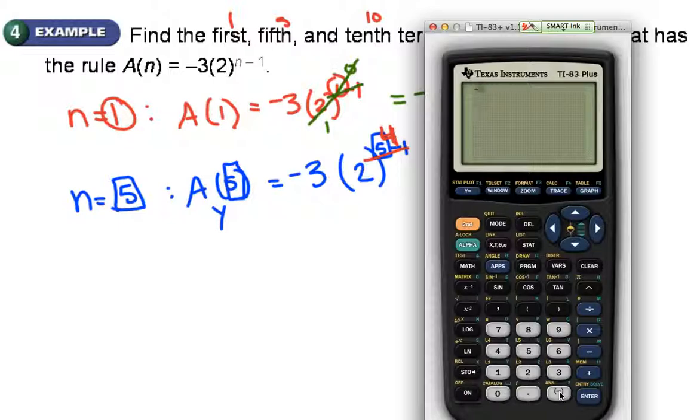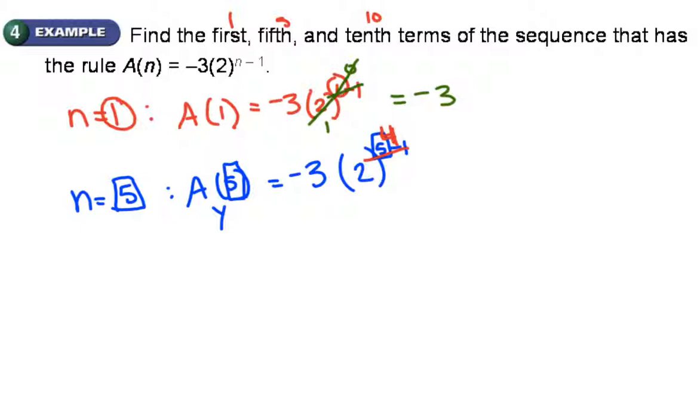You don't want to use the subtraction. -3 times 2 raised to the 4th power, and hit enter. -48. So the 5th term is -48.